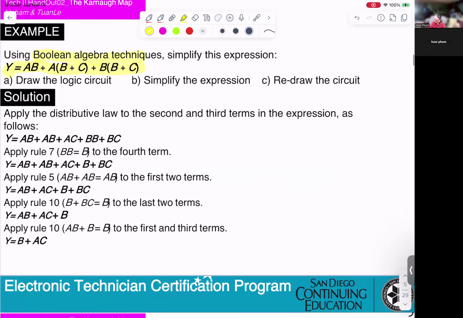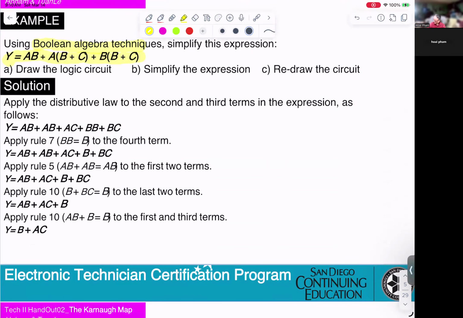Simplify. Finally, this is the original equation after they use Boolean algebra to simplify to come up with this one. Okay? So that can say the gate in the circuitry.